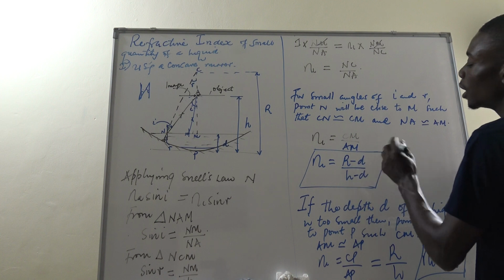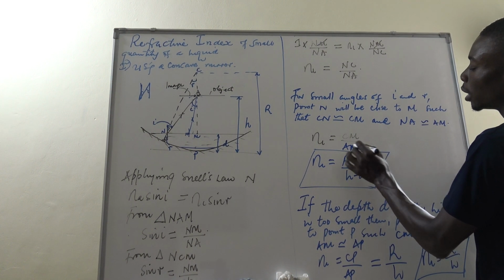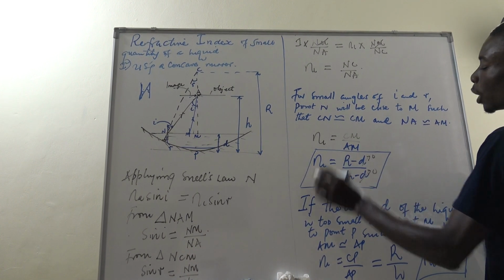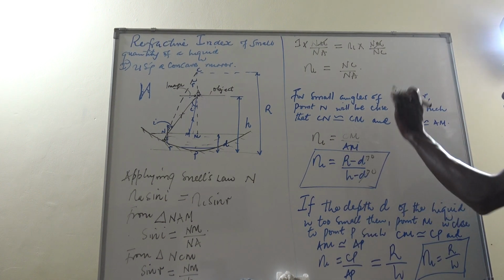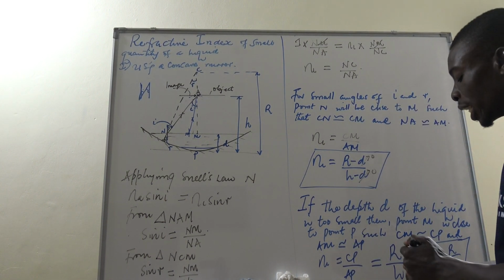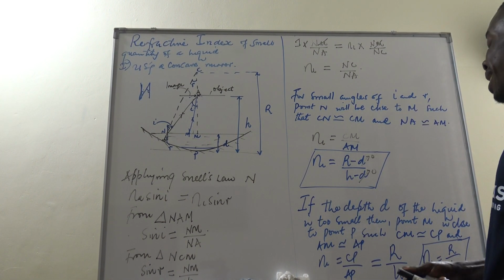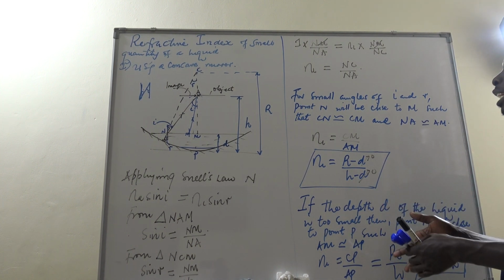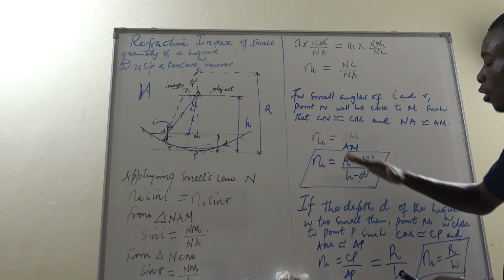It is like saying the depth is approximately 0, tending it to 0, so that the formula is R out of H. But we need to make some assumption that should be shown with that. So it is either this or this.